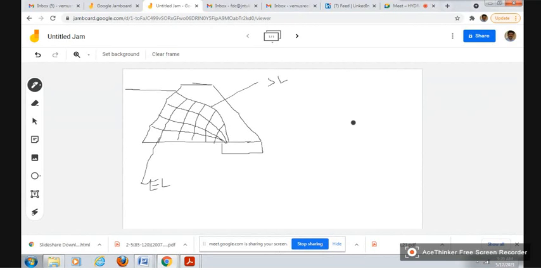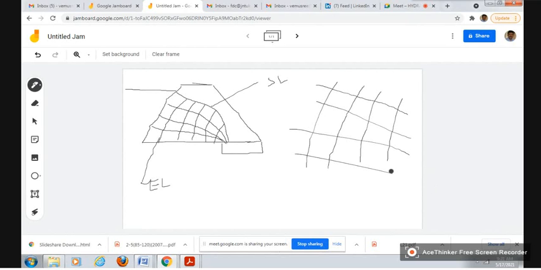I will draw it separately. Say, for example, these are the equipotential lines. Same thing I'm drawing here, and these are, let us say, the streamlines.